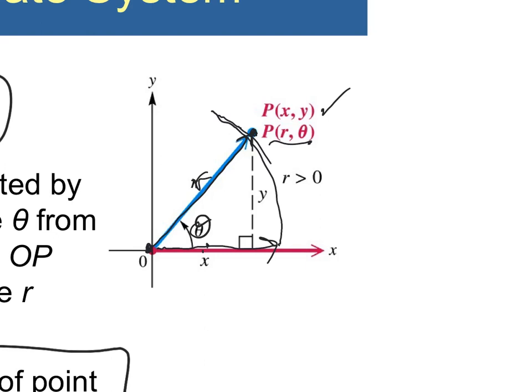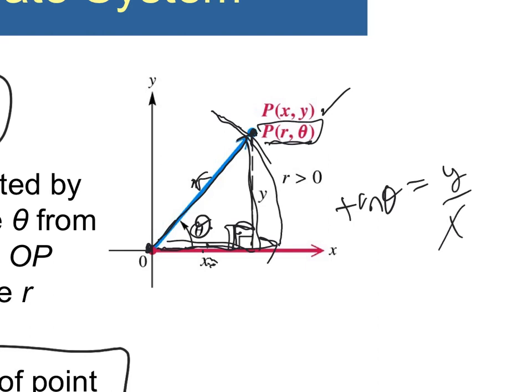So when I graph any point in polar, you have to know how long this hypotenuse is, just like you did before. And if you know how long each of these pieces are, the legs of the triangle, you can calculate the angle because tangent of theta is always y over x. And then we can do the arctangent of y over x, and we will get theta.